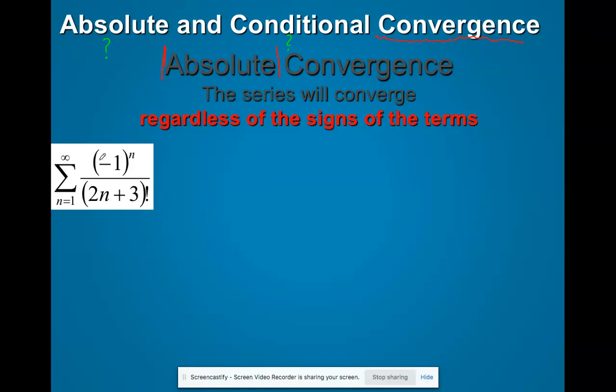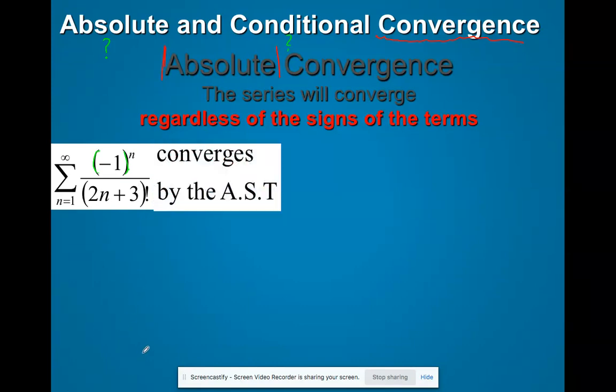It's got a sign alternator, so I'm going to run the alternating series test on it. Alternates, terms get smaller and smaller with the (2n+3) factorial in the denominator. Therefore, this series converges with the alternating series test. But does it converge absolutely or only conditionally?